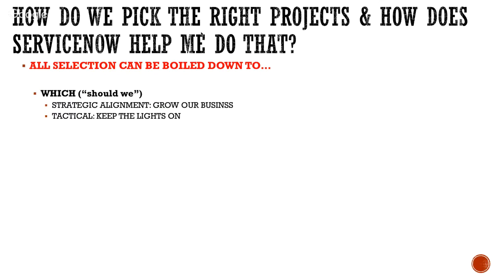Another way of looking at it, you could ask yourself the question of, should we do these projects? The second component is really a when question. So after you've asked, should we do this, you need to ask, can we, which we call when. And we also call it, how can we? Because it is typically constrained by budget and staffing. And those are the constraints of when you can do something.